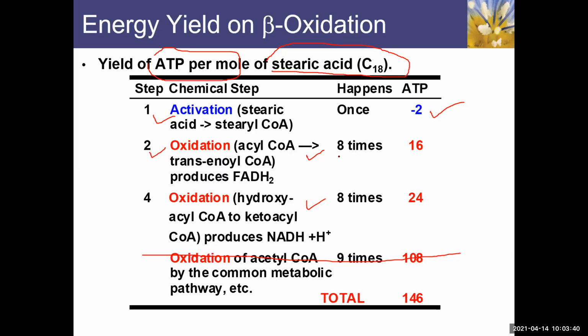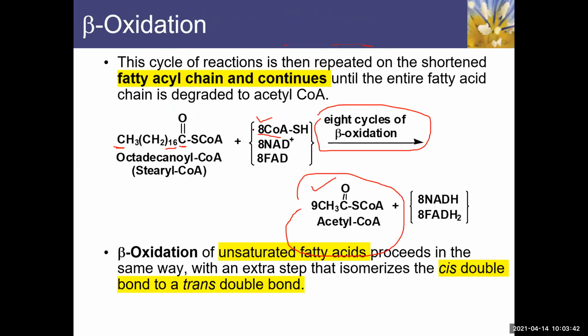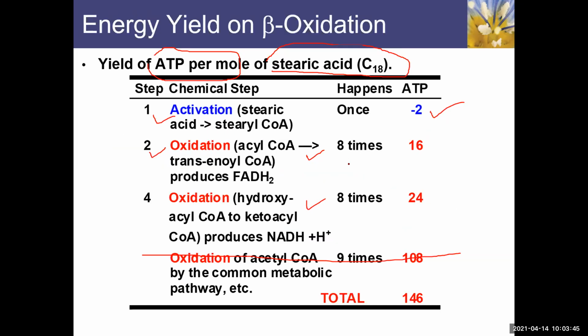So how many cycles? We had 8 cycles, right? So how many NADH will you produce? Activation will use two ATPs. In the oxidation step, you produce one FADH2 per cycle, so 8 cycles means 8 times you will produce the FADH2. Is it correct?